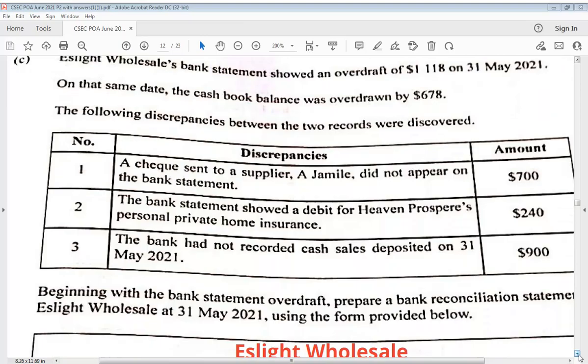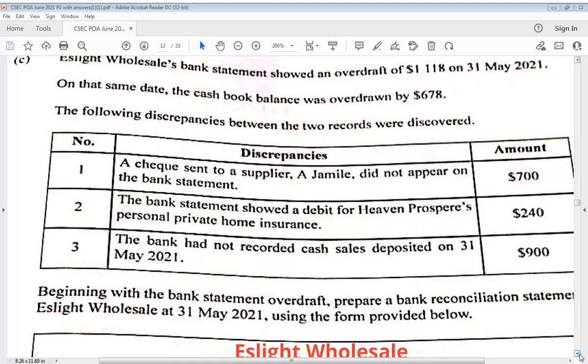The third says the bank had not recorded cash sales deposit on the 31st of May 2021. So what's that? This is going to be a late lodgement.